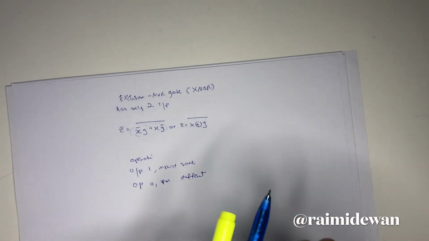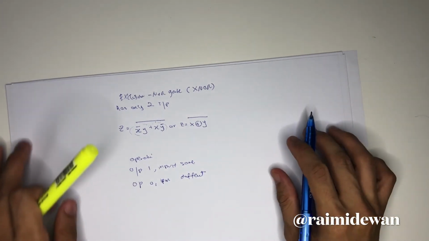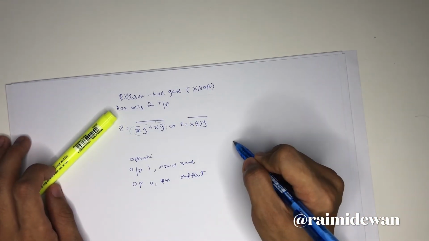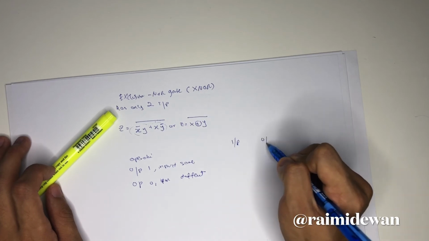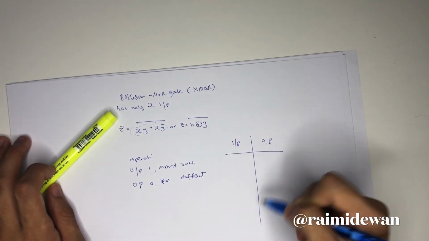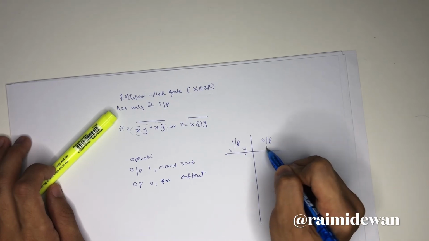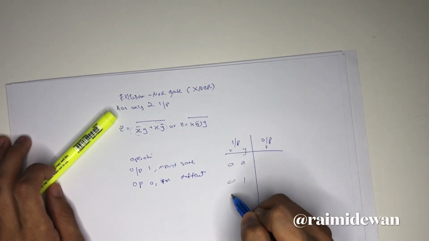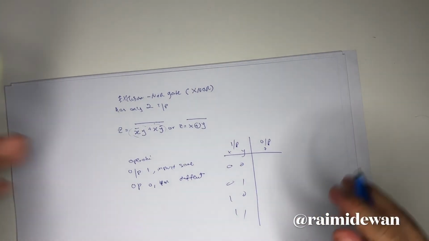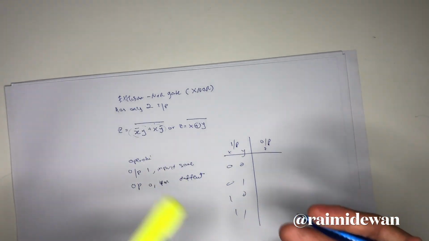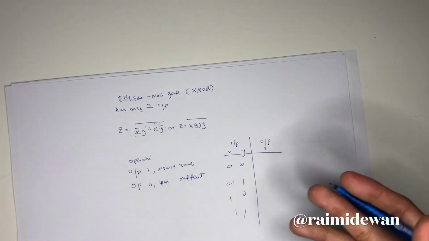Inversion of XOR. So you have your input and your output, the same truth table. You have your x, y, then your z, with inputs 0 0, 0 1, 1 0, 1 1. It is actually the vice versa of XOR.